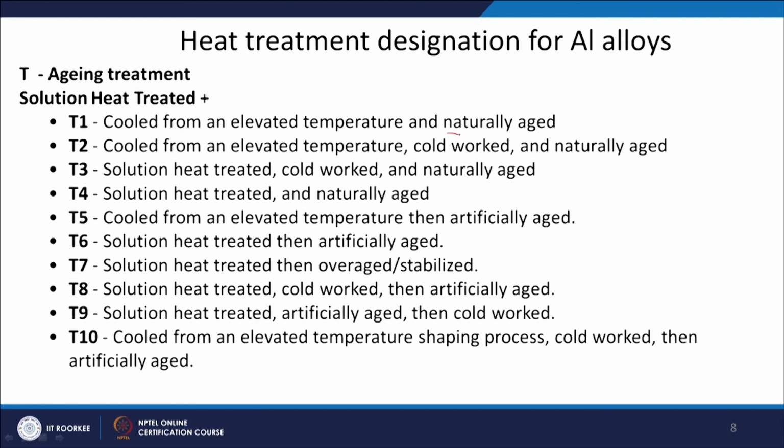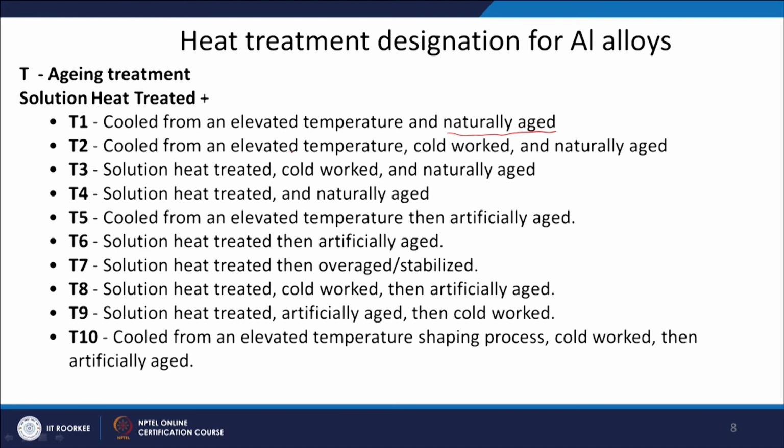If you want a naturally aged condition, just keeping at room temperature, you have to say you want a T1 alloy. If you want cold worked and naturally aged, you have to say T2. If you want solution heat treated, cold worked and naturally aged, then T3. Solution heat treated and naturally aged, T4.